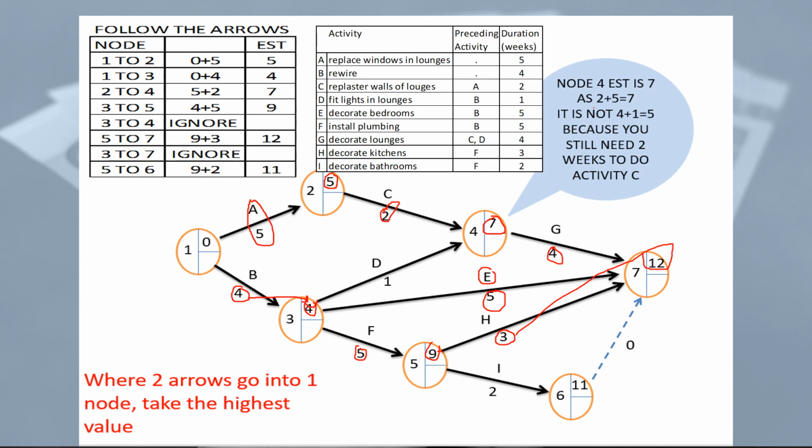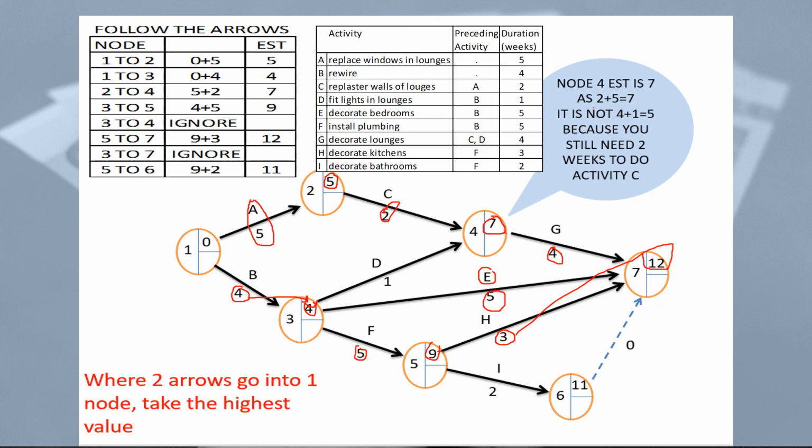So we can see that this is the longest period of time that it should take. When we look at I, decorate bathrooms, that is done at the same time as other activities are being completed in the house. So it doesn't take any longer for that to be done whilst the decoration is being done in the kitchens. So the longest period of time this takes is 12 weeks.